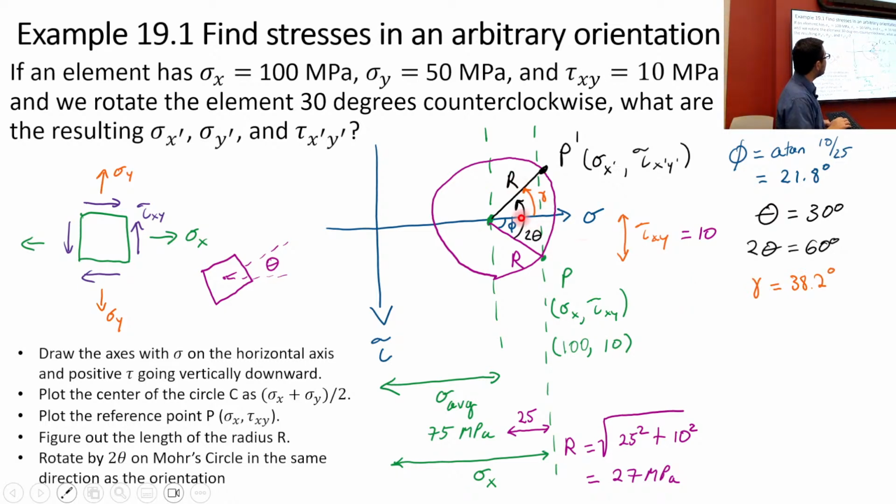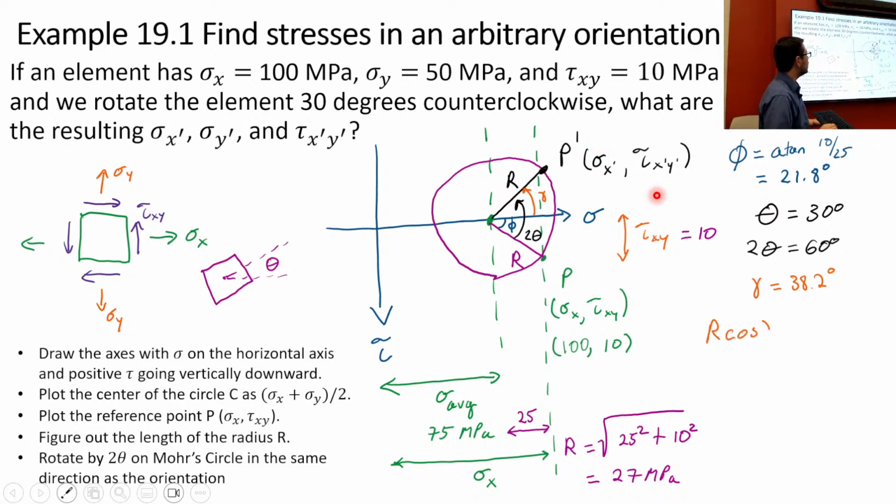So now we have this, and this helps us with another right triangle. If we have to figure out sigma x prime and tau x prime y prime, we know the angle in here, and we know the radius. What is sigma x prime? Sigma x prime is going to be this radius times the cosine of gamma. And tau x prime y prime is going to be the radius times the sine of gamma. So now we can figure out where we are.